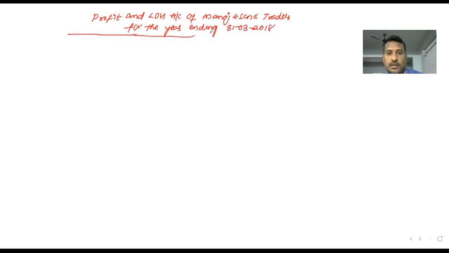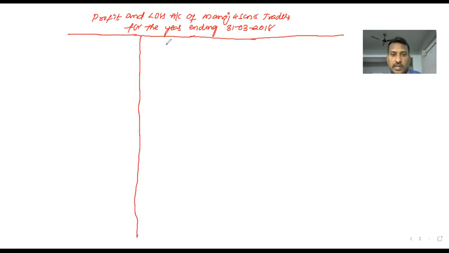Let's draw the proforma now, the same proforma which we drew already for the trading account. That is to be followed for the profit and loss account.